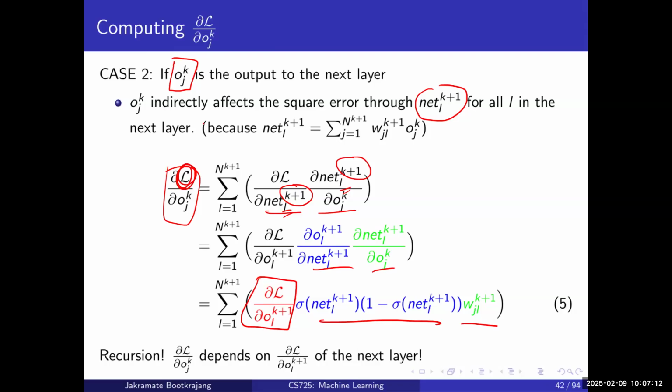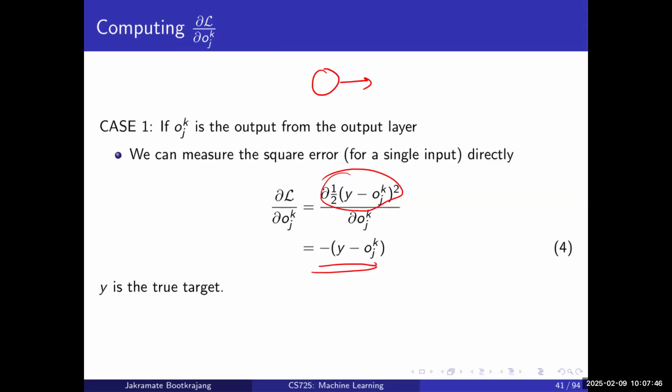Because if you are not in the last layer, you expand the chain rule, right? You get a similar equation, but now you get the loss of the next layer. And if the next layer is not the output layer, we start the chain rule again, until this k minus 1 is the output layer. In that case, we use this equation at the end.